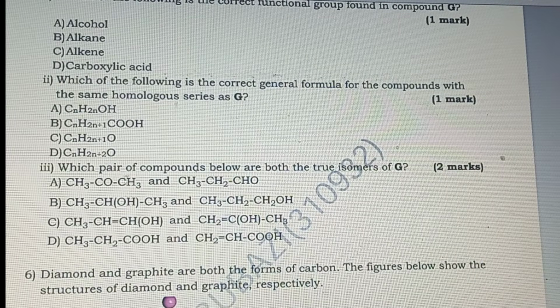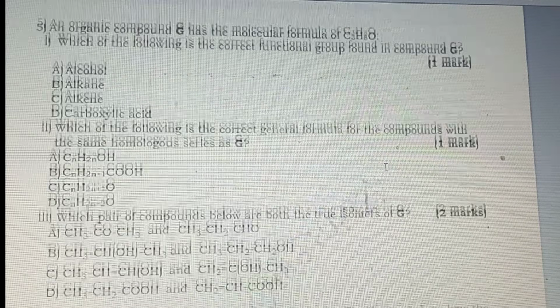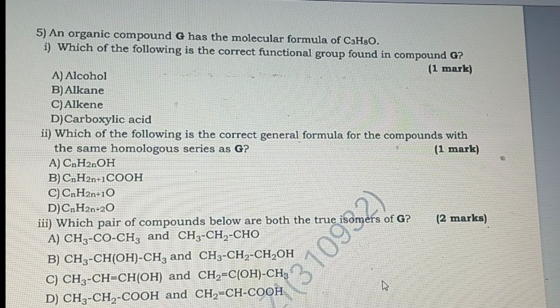5.3. Which pair of compounds below are both true isomers of G? Isomers are compounds that have the same molecular formula as this one, but have different structural formulas. That means you are going to look for structures that have carbon 3, hydrogen 8, and oxygen 1.